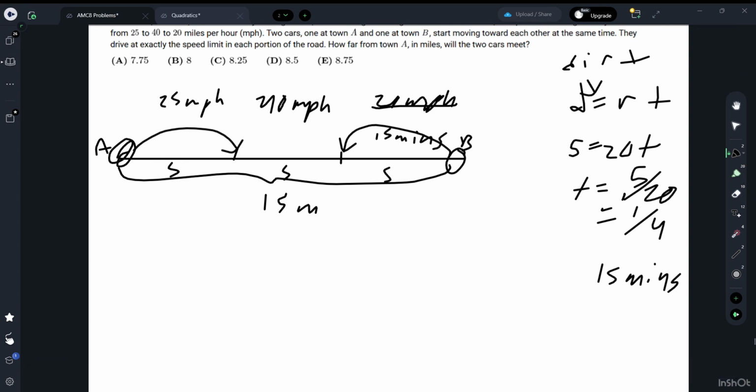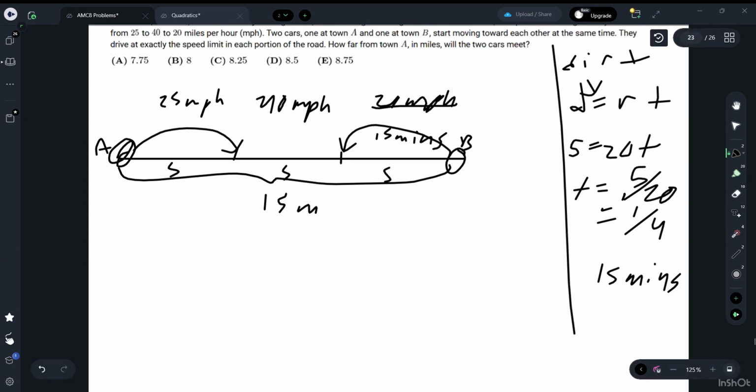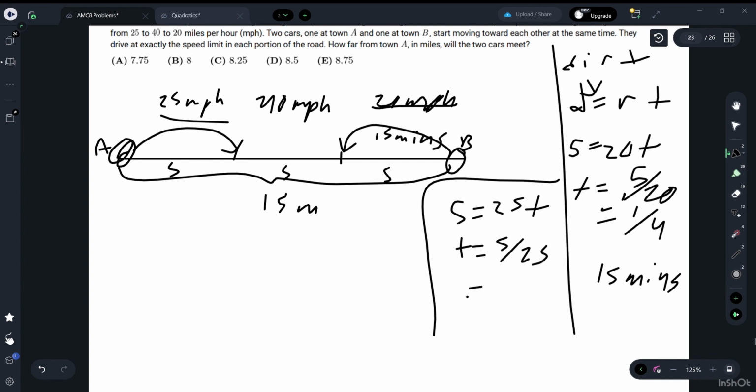So the distance we want it to drive is 5 miles. Let's actually do it over here. So it's 5 miles, and the rate that it's driving at is the speed limit, 25, and t. So 5 = 25t. Let's divide by 25 on both sides, and t is equal to 1/5. 1/5 of an hour is 12 minutes long.